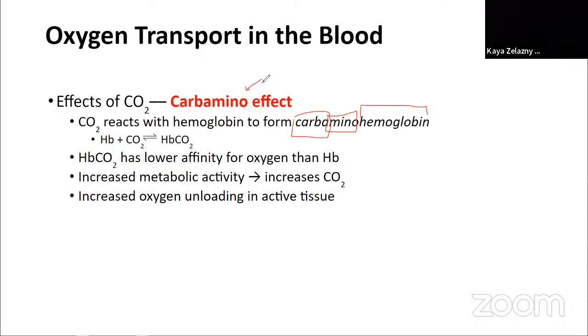If we have more CO2, we have more carbaminohemoglobin, and that carbaminohemoglobin is lowering our affinity for oxygen, meaning it's easier to pull the oxygen off, meaning we can get more oxygen to that tissue. This is another domino effect of actively respiring tissue, right? We're going to see a lot of ways that tissue increasing its metabolic rate makes it easier for us to get oxygen into that tissue.